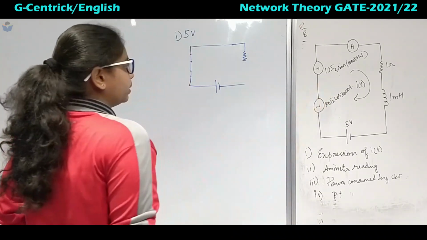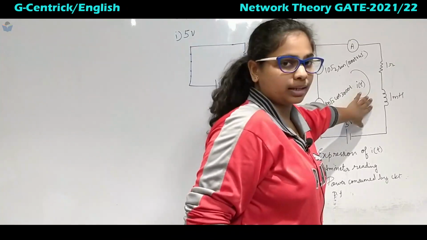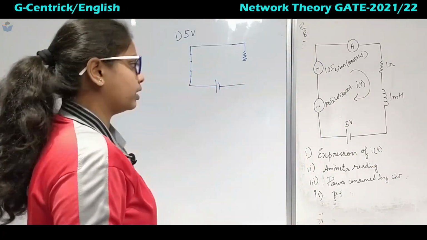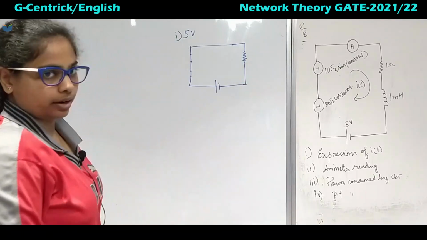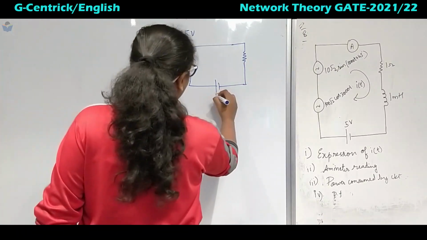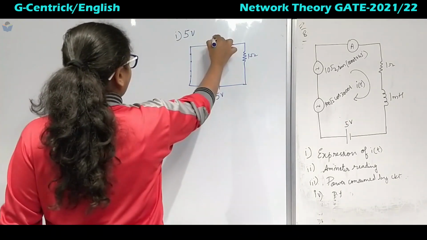And the inductor, when DC is given, behaves like a short circuit. We have seen that in the properties of the inductor. Here we have 5 volt and here it is 1 ohm. So how do you calculate the current?